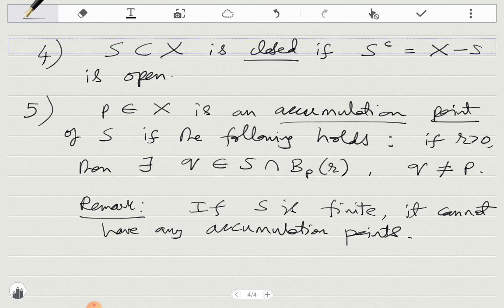Simply because I can take the radius to be 1 over n, for n equals 1, 2, 3 and so on, and each one of them should contain some point from S different from P. So you would be forced to have infinitely many points in S. That's the reason why this cannot happen.